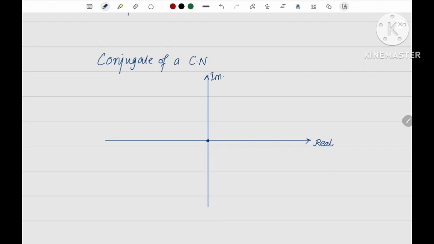So what I mean by conjugate of a complex number is that if I have a complex number, let us say this one. This is the complex number I have.